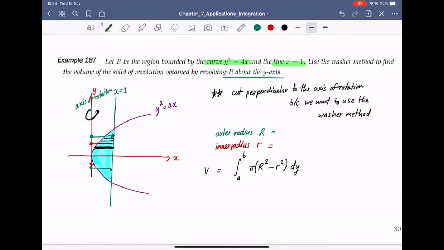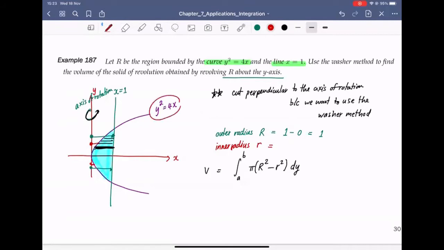So the outer radius is going to be 1 minus 0, which is 1. Does it make sense? Because x equal to 1 is on the right-hand side, and x equal to 0 is on the left-hand side. The inner radius is going to be the parabola minus 0. So what is the parabola?